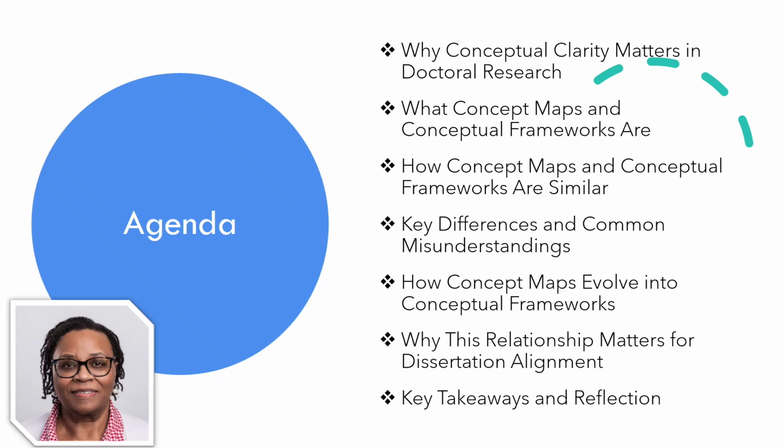Next, we will examine the key differences between the two, including common misunderstandings that often create challenges for doctoral students. We will then focus on how concept maps evolve into conceptual frameworks and why that evolution is essential for dissertation alignment. We will conclude with key takeaways and a brief reflection to help you connect this material directly to your own doctoral work.